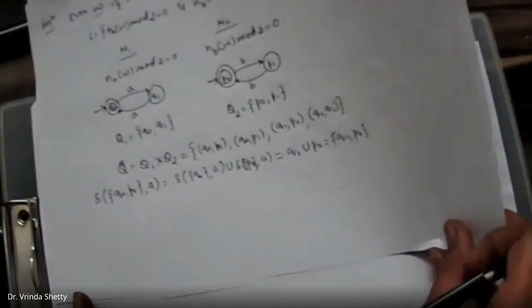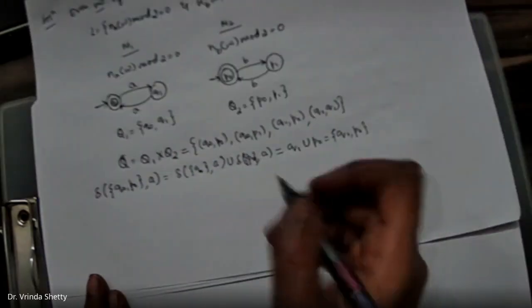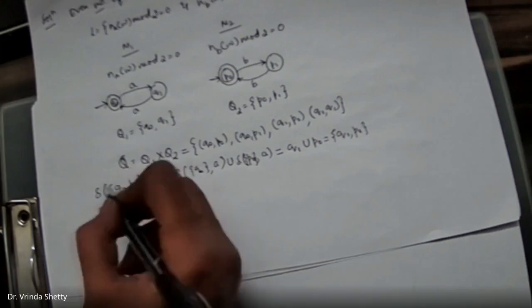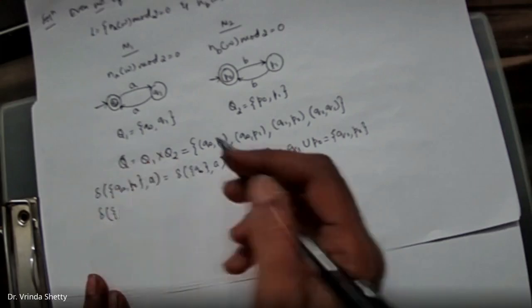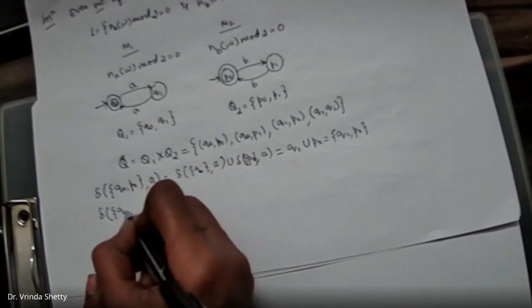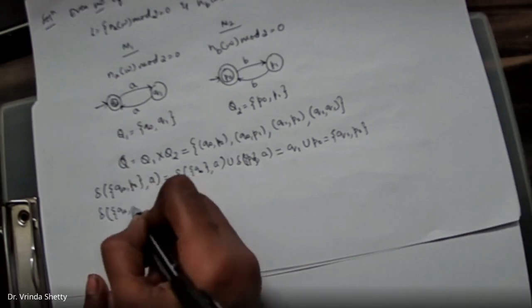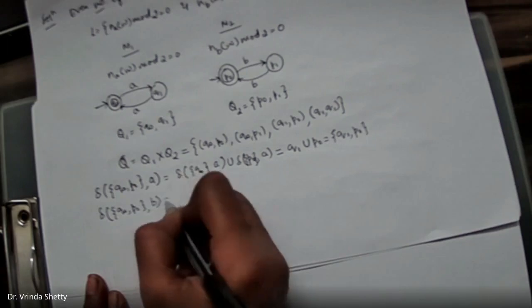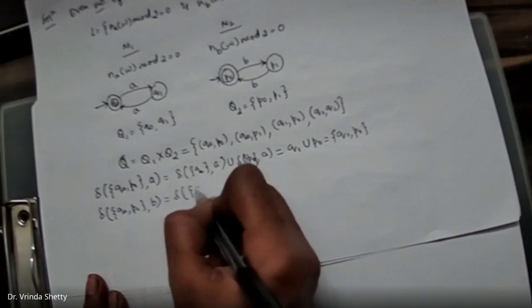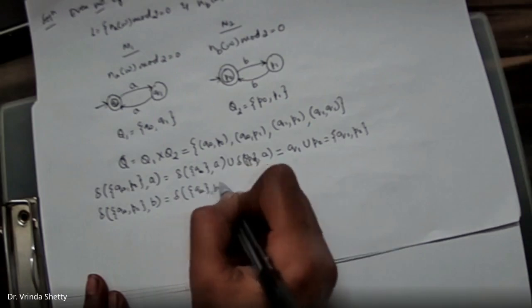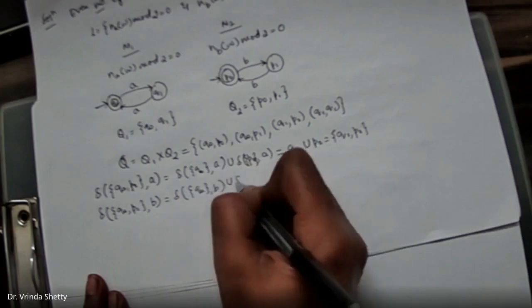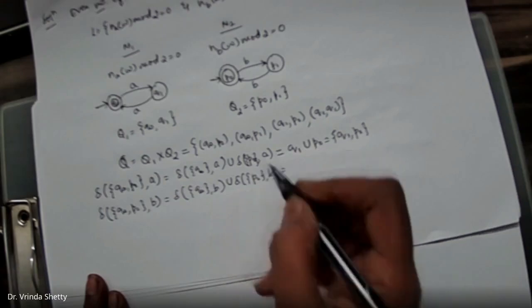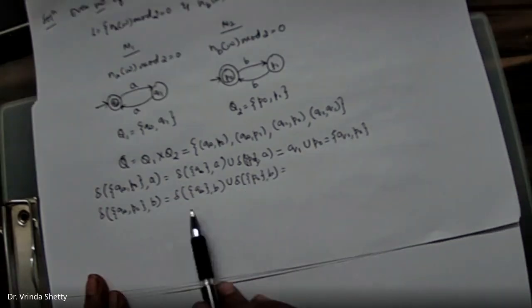Next, we'll go to the next one. What is the next? Next state is Q naught P1. In the same fashion, delta Q naught P naught on B input also we'll check. Q naught P naught on both the inputs we need to check. Q naught P naught on B, we'll get it as delta Q naught on B union delta P naught on B. Whether Q naught on B is defined?